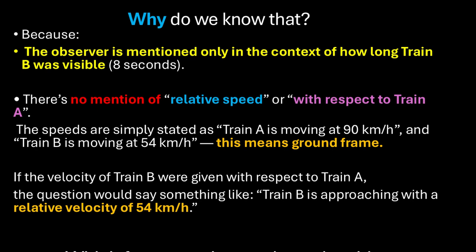Rather, the frame was any other moving frame. In that case, the velocity of train B will be given with respect to train A. And the question correspondingly will say train B is approaching train A with a relative velocity of 54 km per hour or any other associated phrases.